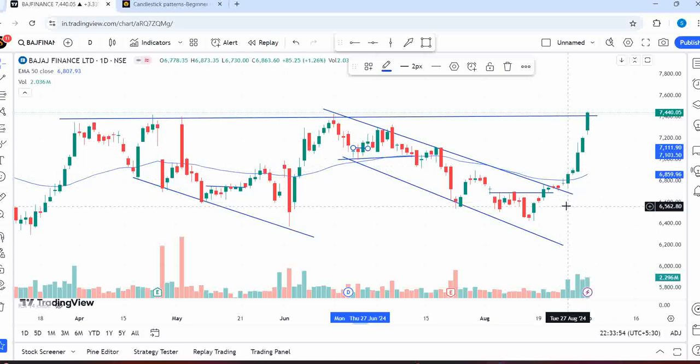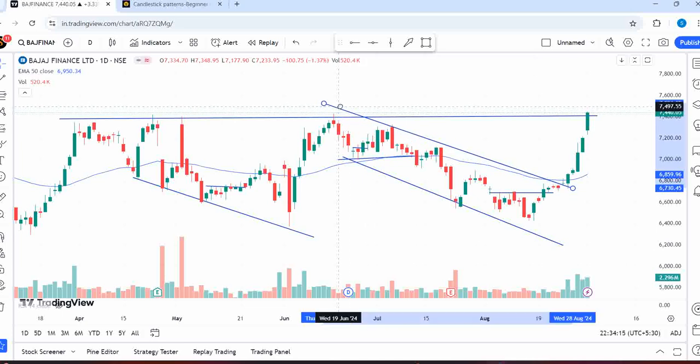Most of the time, there are 2 or 3 different ways in which people get an entry in stocks. One tries to do it using the candlestick itself, which will give more profit, because you are entering at the very beginning level. But somebody will try to enter after checking all the trends and everything.